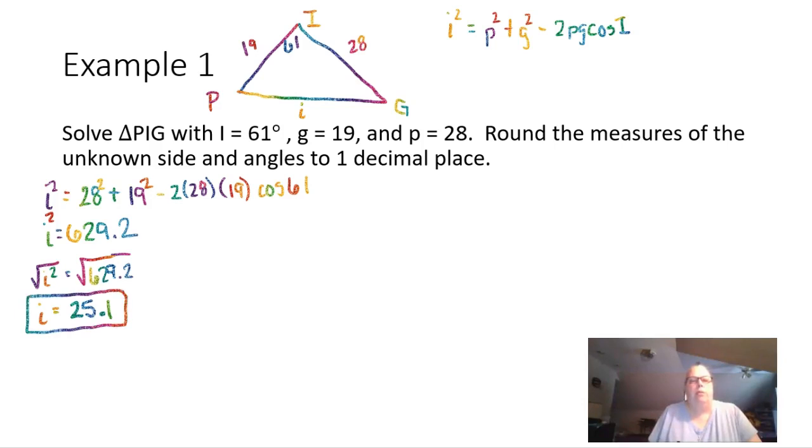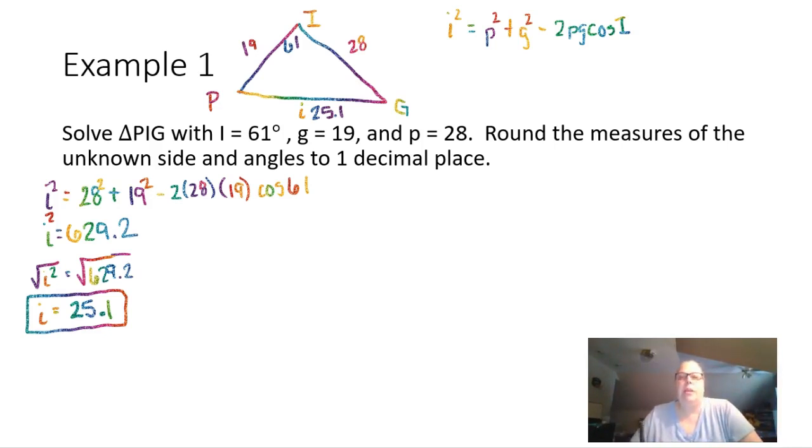Now, from this point, you have the option to use the law of cosines again to find angle P or angle G. Or you can use the law of sines, because now that we know side I, we have an angle side-side situation. The law of sines you can use.